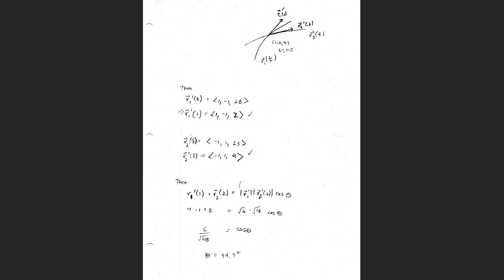This would be r prime at 1, right? Okay, times r prime, well, it's the derivative of r1 evaluated at 1, t equals 1. So we're going to find the magnitude of that.